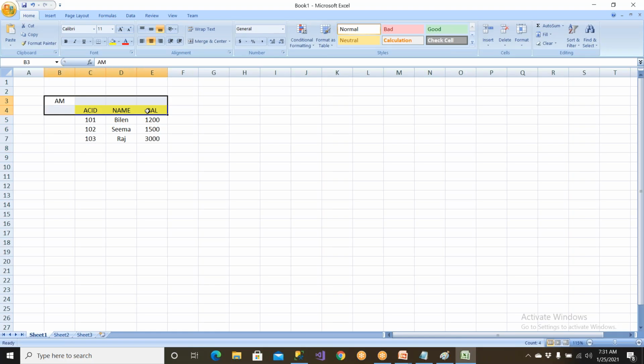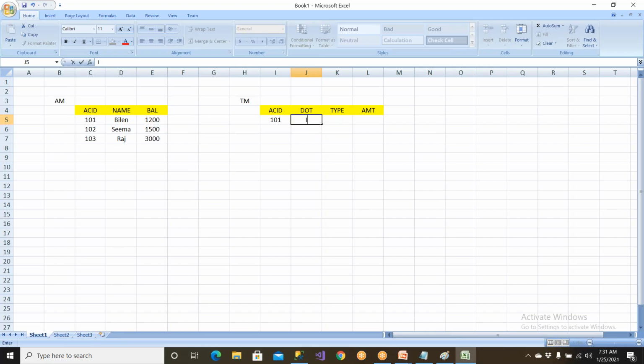Now I want one more table called transaction master, with 101, the date of transaction, the transaction type, and the amount. Clear?